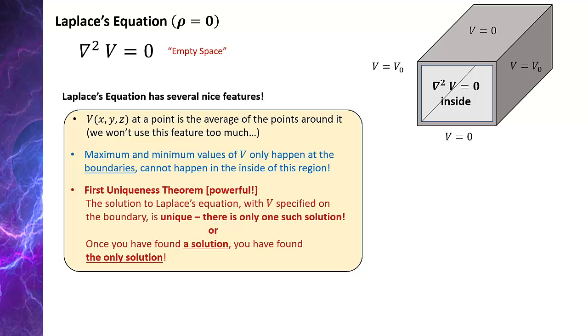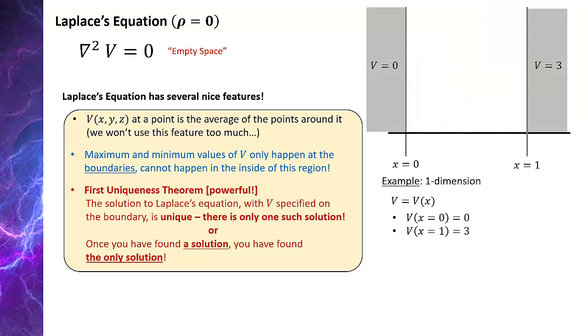Let's look at a simple example in which we can see some of these features at play, and we'll try to guess or find solutions to Laplace's equation. In our first example, we're going to be considering only one dimension, so the electric potential is only a function of x.